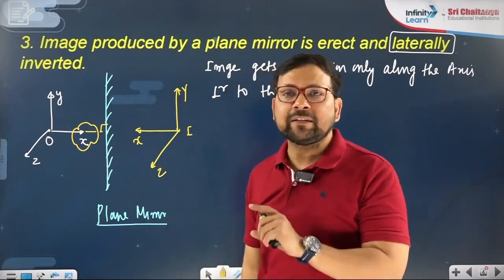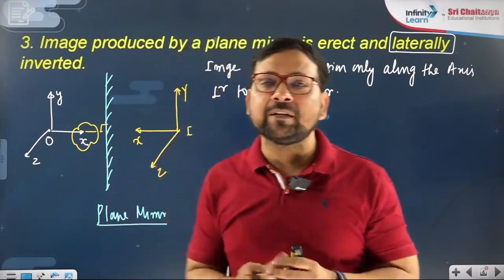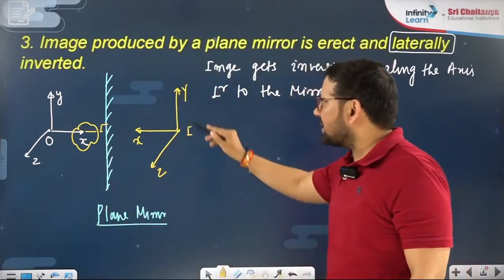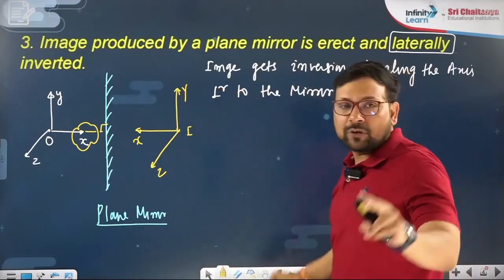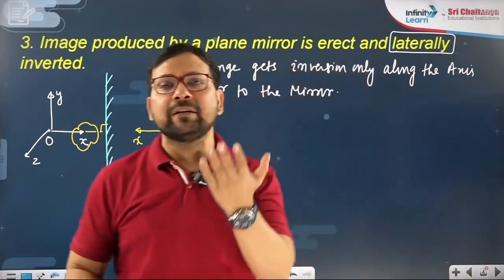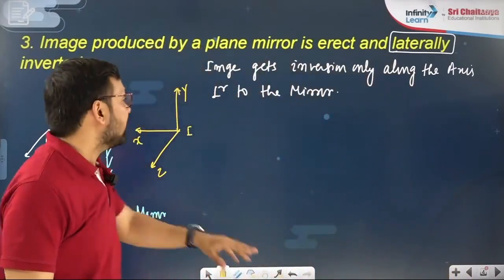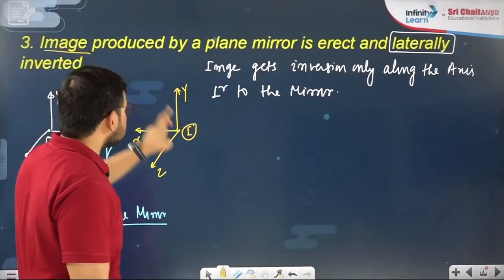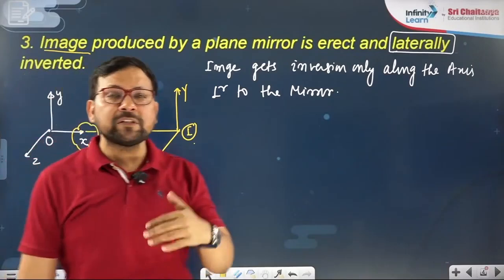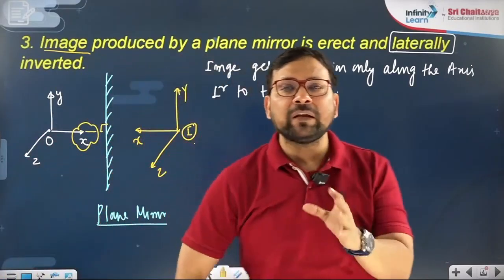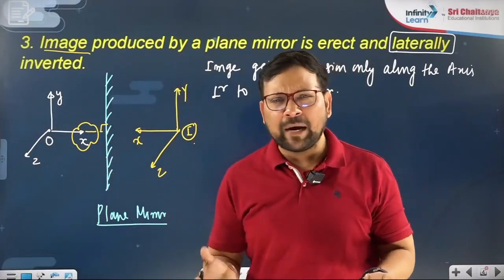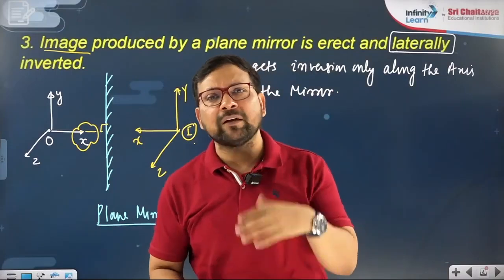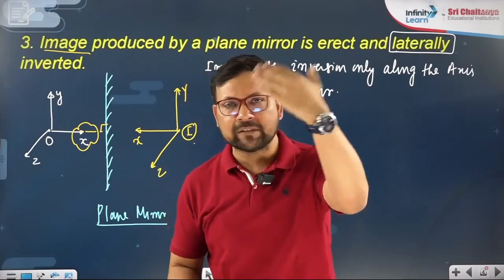Got this? Let me explain this with an example, but first understand the fact I am trying to say. Krishna, you are asking why it is laterally inverted. That point I am explaining. I am focusing on image production. Any object in front of that plane mirror will have three axes. Some might say 2D is a hypothetical body. Every body is 3D, some thickness is there everywhere.